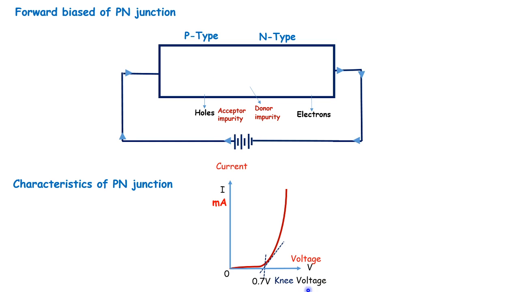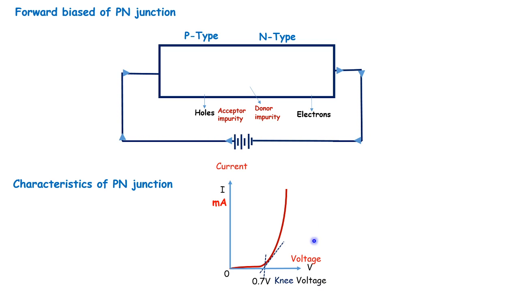How do we define the knee voltage? It is the forward voltage at which the current through the PN junction rises rapidly while voltage remains constant. That voltage we name the knee voltage, the forward voltage of the PN junction.